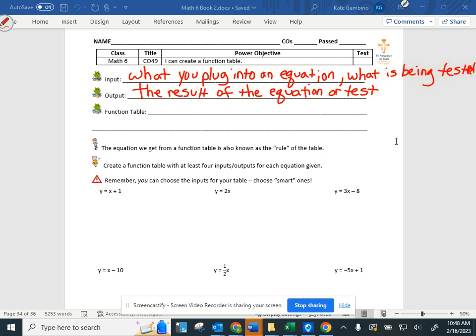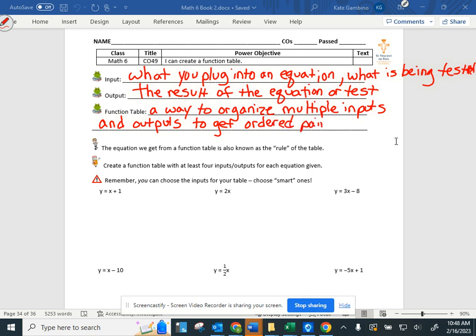So the function table, the actual table, is a way to organize multiple inputs and outputs. And that's how we get ordered pairs for a graph.